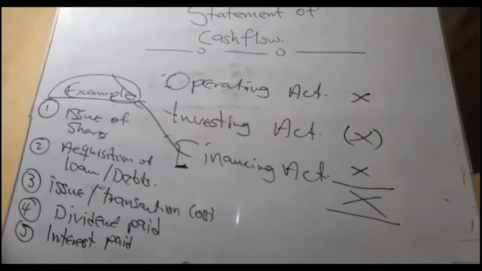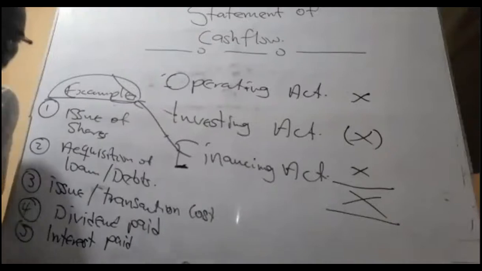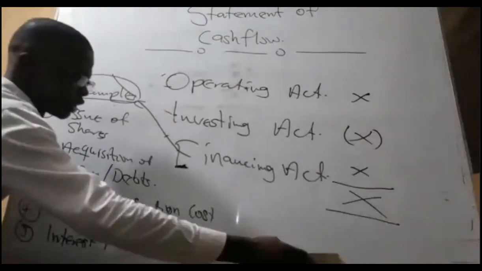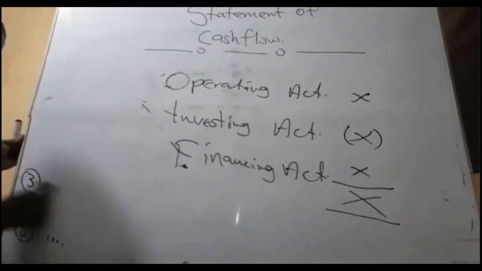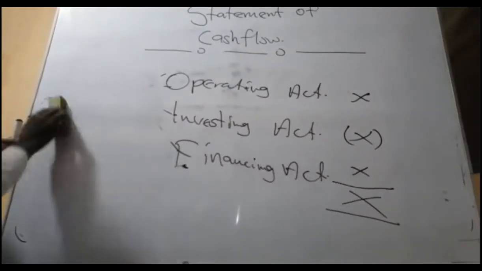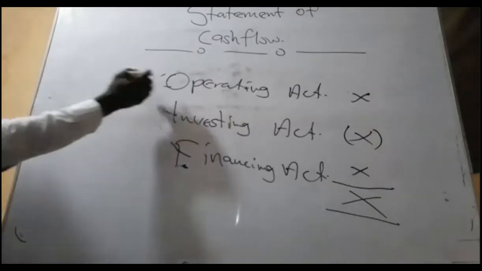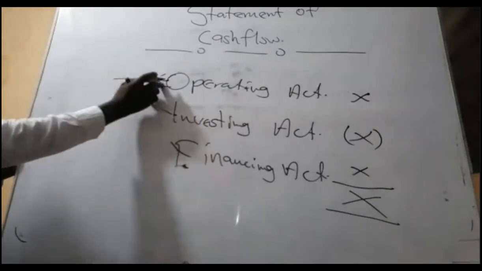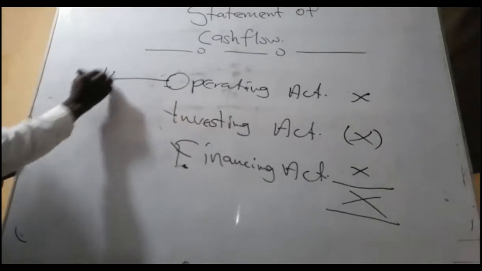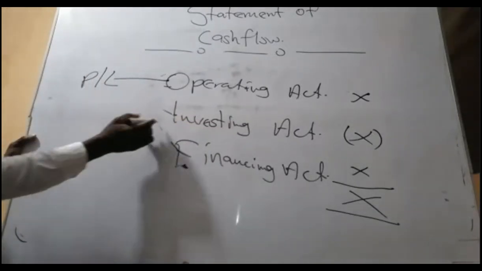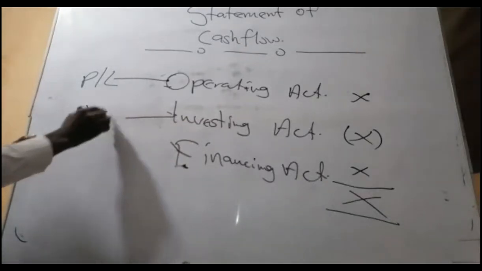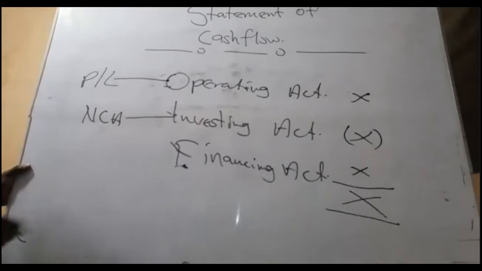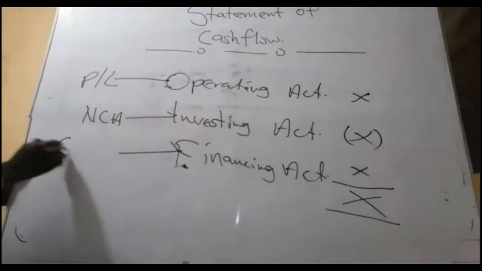Now let's start the actual game. In summary, operating activity talks about your core purpose, so these items must be in the P&L, the profit and loss income statement. These two are on the financial position: non-current assets, and financing, equity and debt.